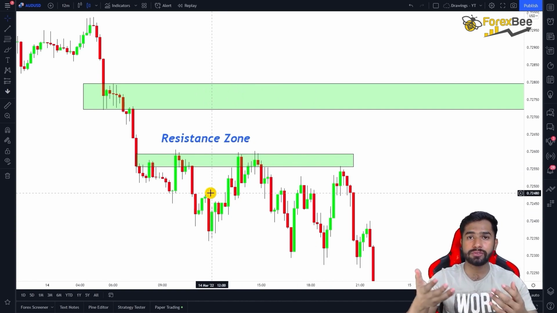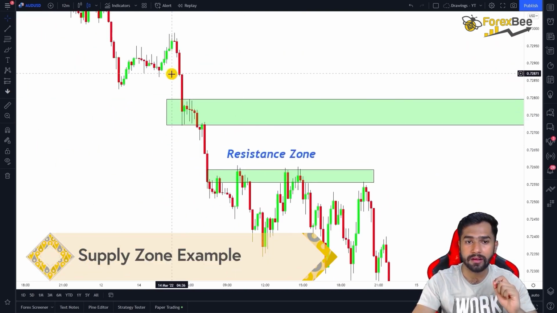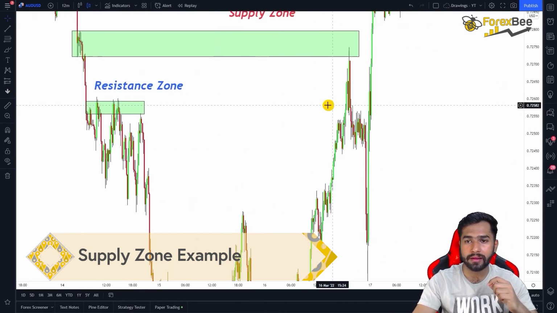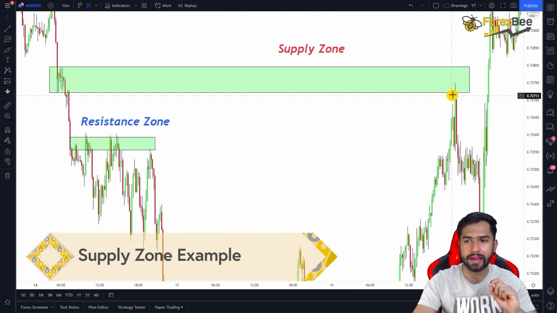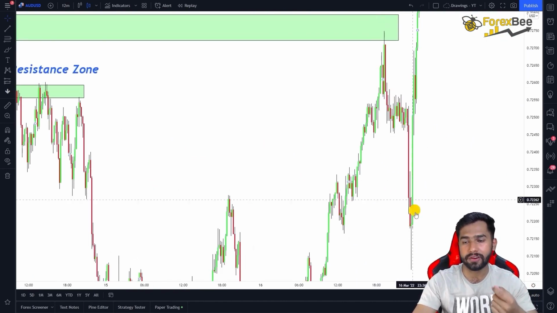So similar to the support zone, in the resistance zone, the market keeps retesting that level, and this level is also very important to the sellers. And here you can see the formation of a supply zone, which is a drop base drop supply zone. After the formation of the supply zone, the market came back in order to pick the pending orders at this level once, and then after that it gave a very big bearish move.